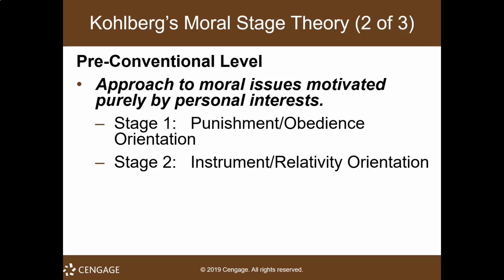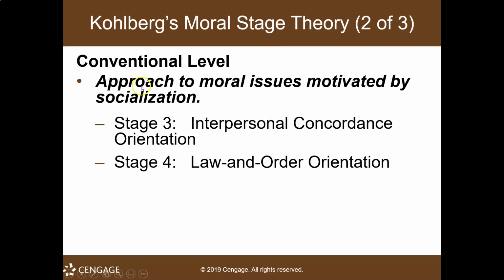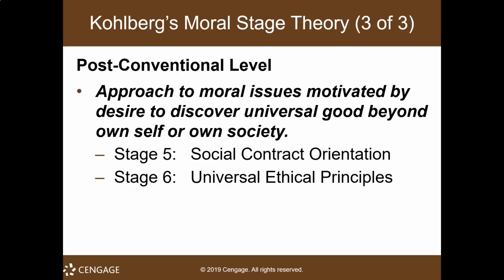Okay, and then you can go back and look here, to shorten all that up. Level 1 is an approach to moral issues motivated by personal interest. Level 2, as we talked about, is an approach to moral issues motivated by socialization. And finally, number 3 would be the post-conventional level.